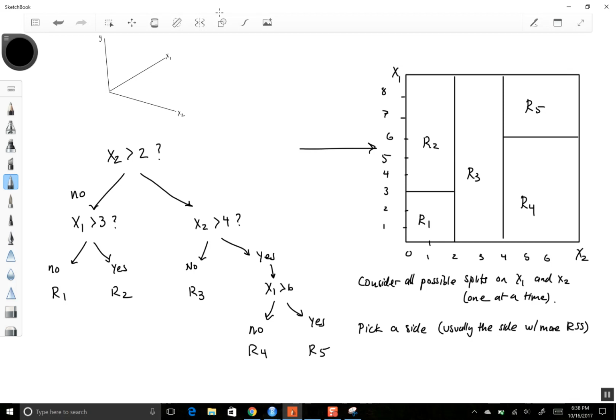Okay, so you have some kind of stopping criterion. It's often a little bit arbitrary in terms of how far to keep going. Okay, so keep splitting till you reach a stopping criterion.